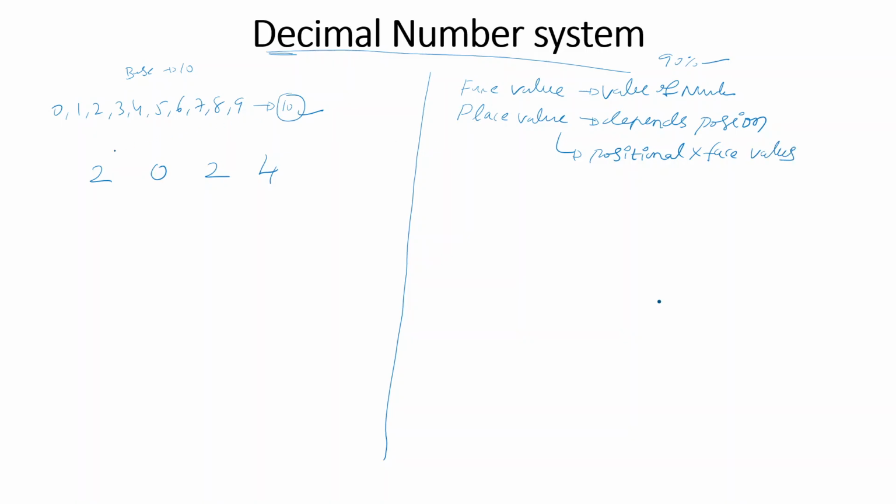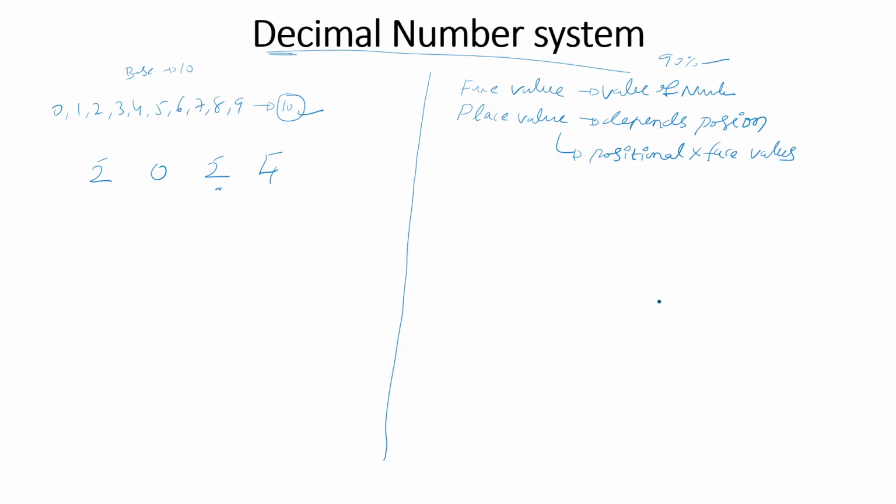Can anybody tell me the face value of 2? The face value of this 2 is 2. The face value of 4 is 4. The face value will not change irrespective of the place, but the place value will change with respect to the place.